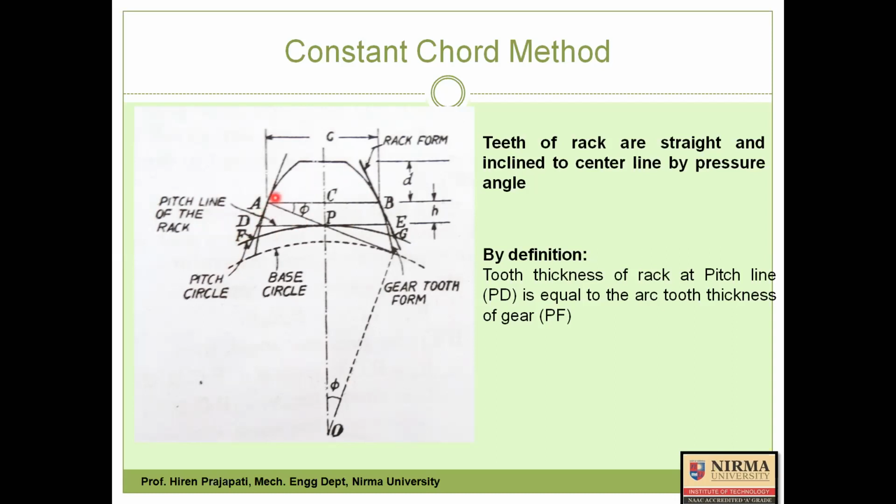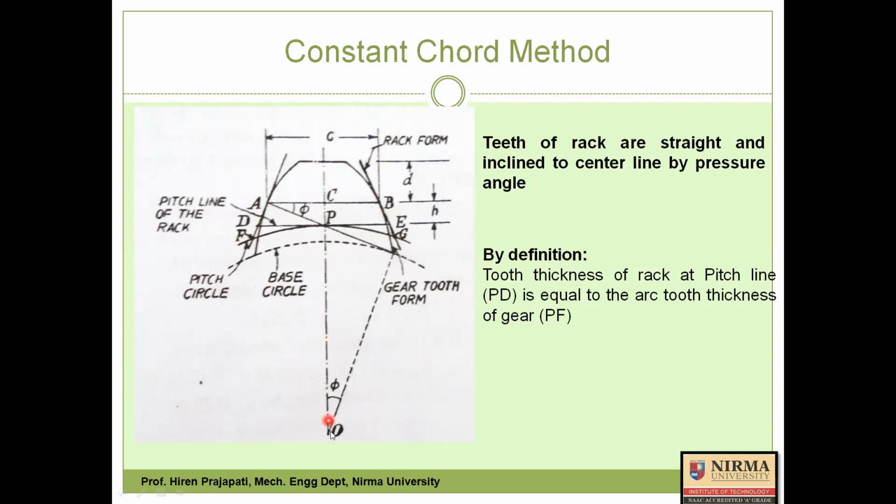In this diagram, the teeth of the rack are straight and inclined to the center line by the pressure angle. If you look here, this line is a flank of the rack, this line is also a flank of the rack, and there is a space between these two flanks, and in that space this gear tooth is symmetrically meshed. Then, as per the geometry of the rack, this is the center line.